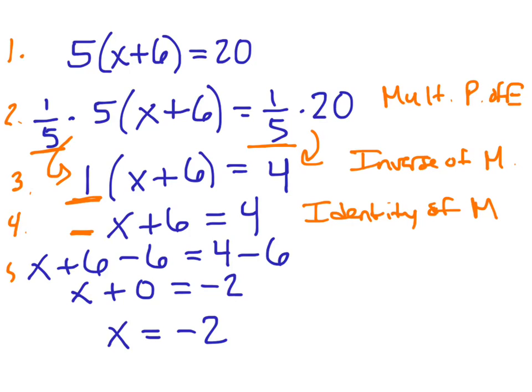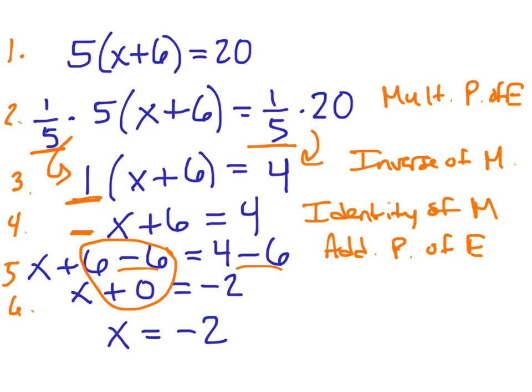From step 4 to step 5, we've subtracted a 6 on both sides. So that is, if you think of that as adding a -6, that's really your addition property of equality. And then in step 6, the change is that 6 minus 6 equals 0, and that's the identity of addition.